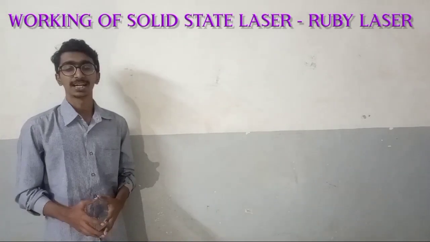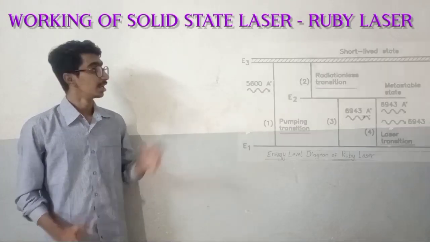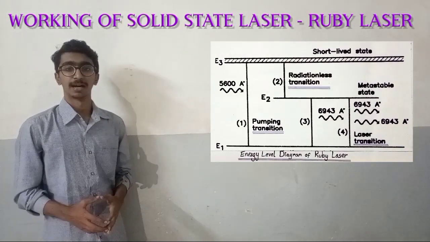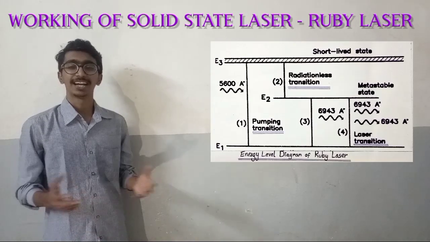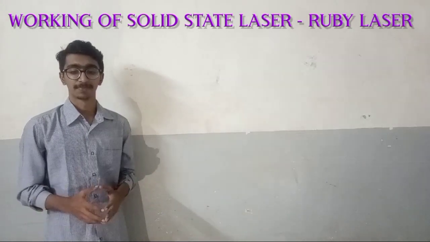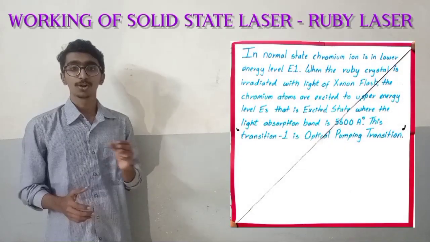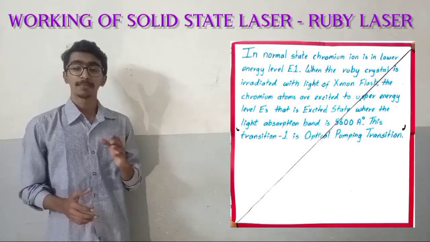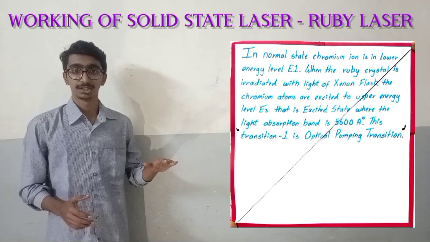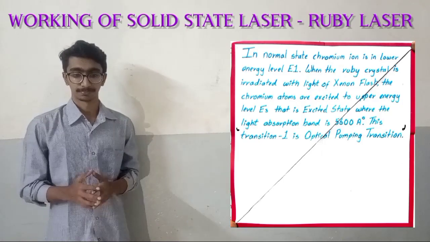Now, how does this ruby laser exactly work? For that, we have our next topic, that is working of solid state laser, ruby laser. Here is the energy level diagram of ruby laser. Let us understand this in detail. First, in the normal state, the chromium ions are in the lower energy state, that is E1.